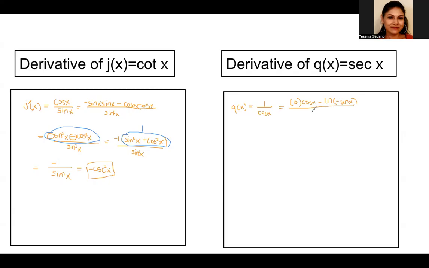The bottom is just cosine squared of x. So 0 times anything is legit 0. And then we have negative times negative, that's positive. So then we have sine of x all over cosine squared x.